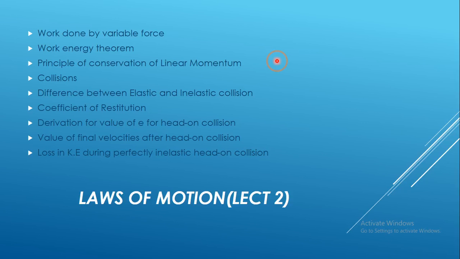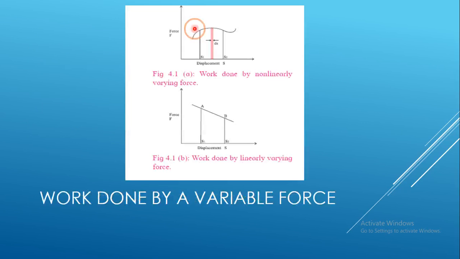Okay, let's start with the first point, work done by variable force. As we all know, work done is given by force into displacement, that is vector F dot vector S. According to the definition of vector and scalar product, F dot S can be written as Fs cos theta, where theta is the angle between the applied force and displacement.